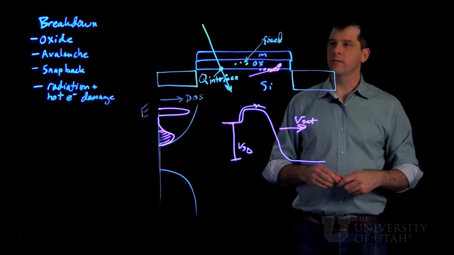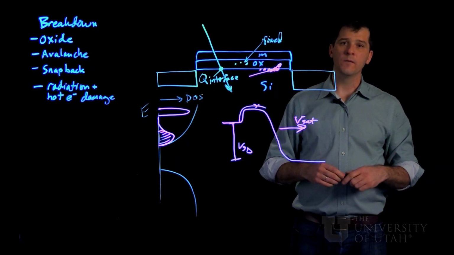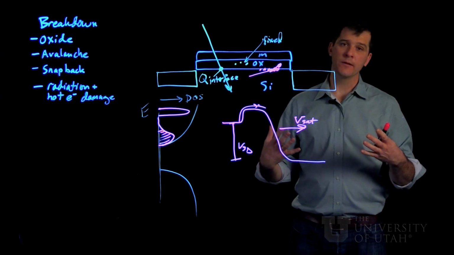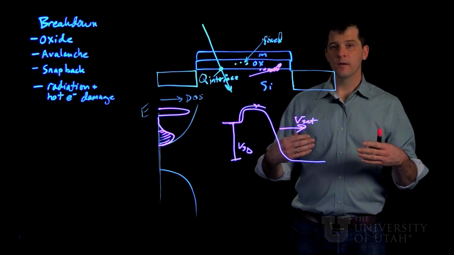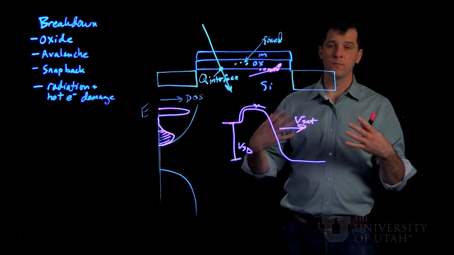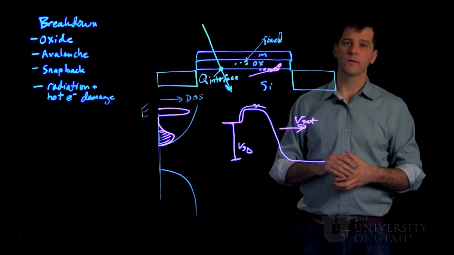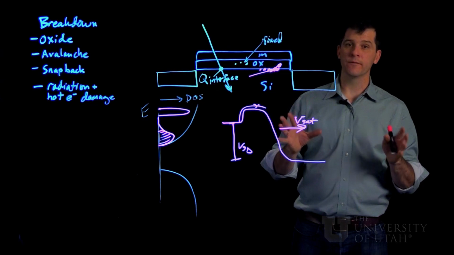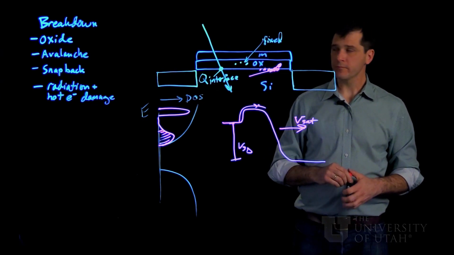So in this little section, we've considered ways in which the MOSFET can be damaged over time, as well as temporary modes of operation, undesirable modes of operation, which would move its performance away from the designed parameters.